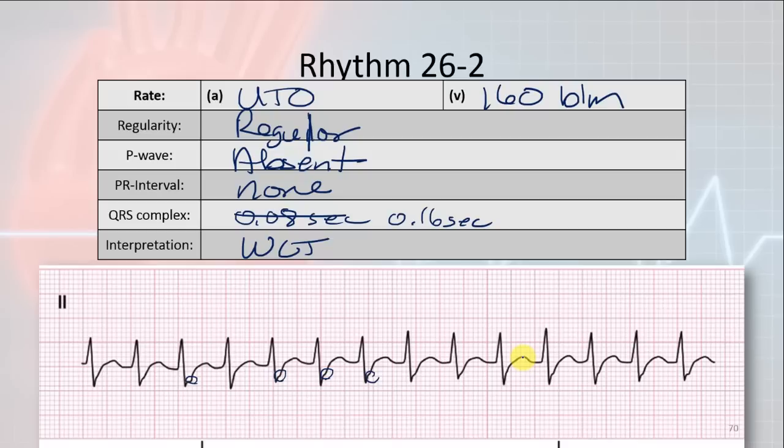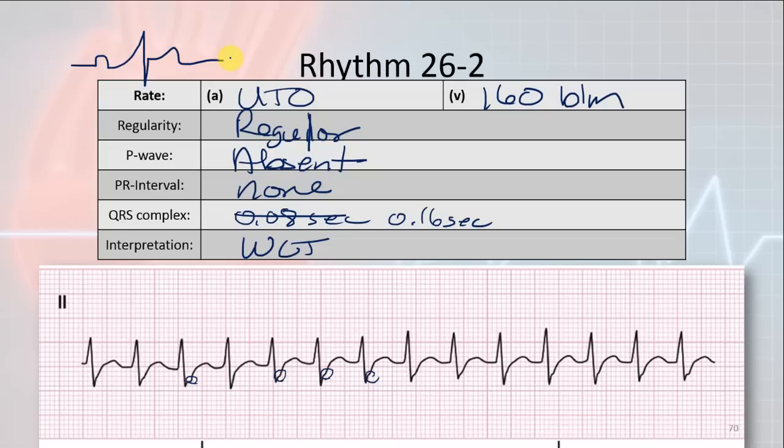Since this is a wide complex tachycardia, according to the book where I got this, the notes were saying that the patient was actually converted from this rhythm, and once they were converted, the new rhythm had a P wave with a delta wave and a T wave.